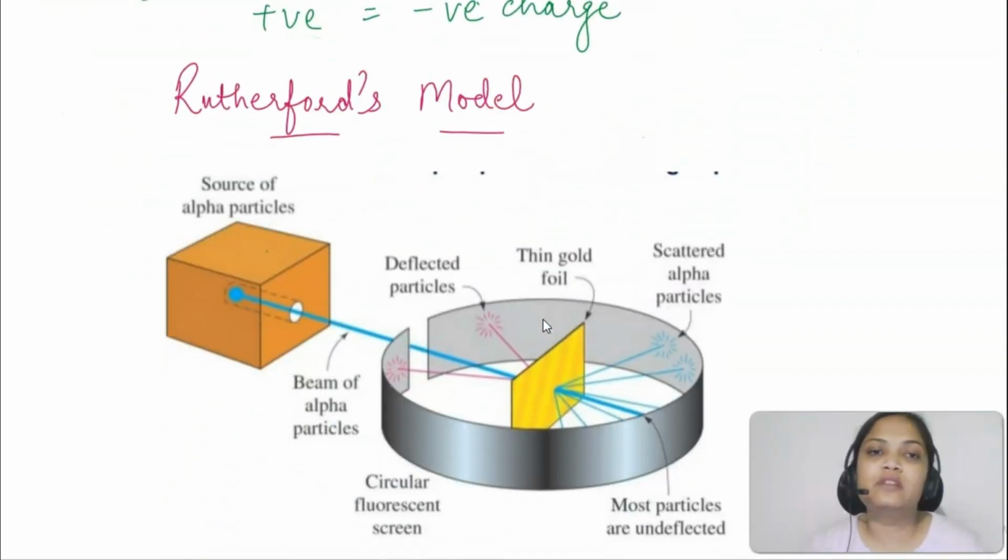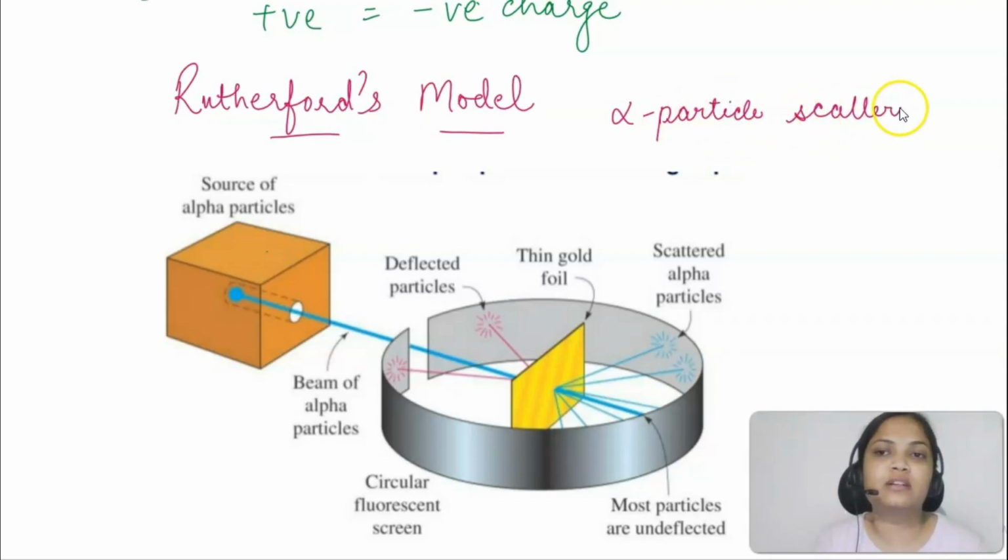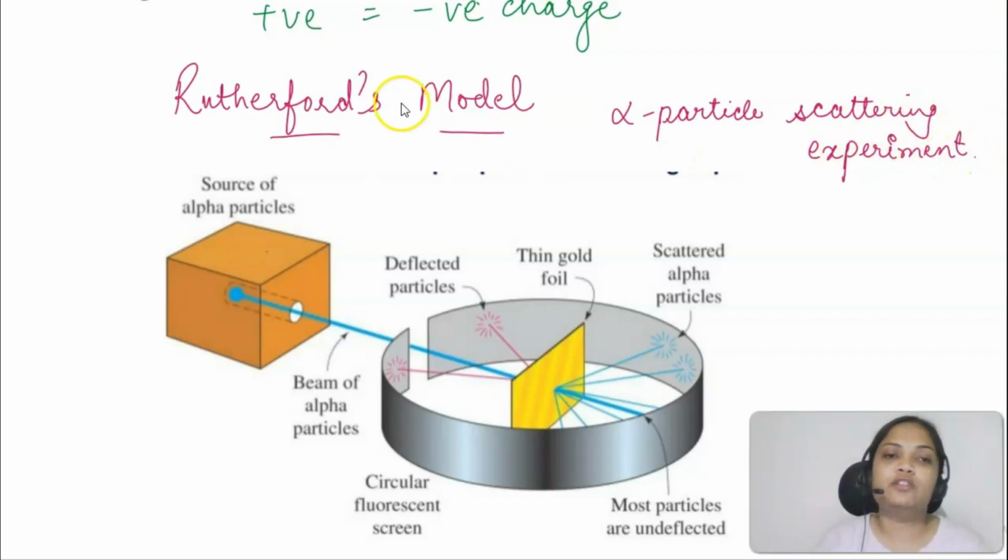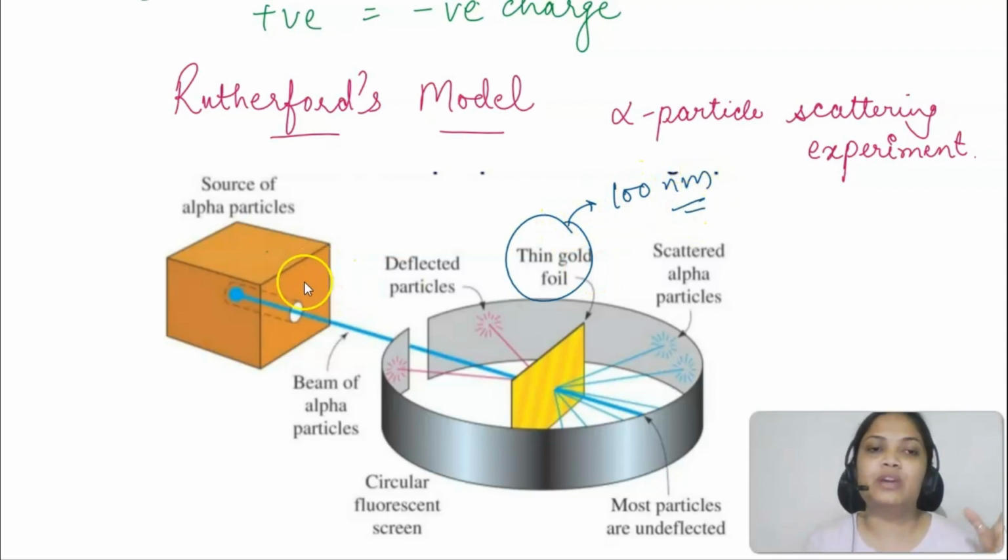You might have studied this famous alpha particle scattering experiment, right? This is very important, because the results obtained from this experiment led to some important conclusions. So first of all, Rutherford bombarded a very thin gold foil, whose thickness was around 100 nanometer, with a beam of fast moving alpha particles.